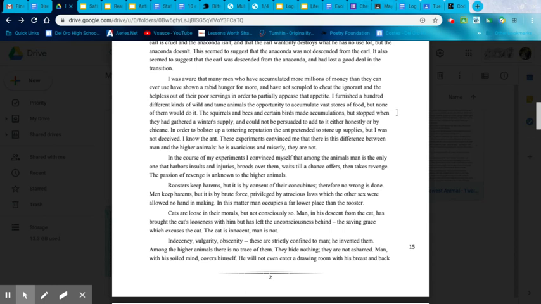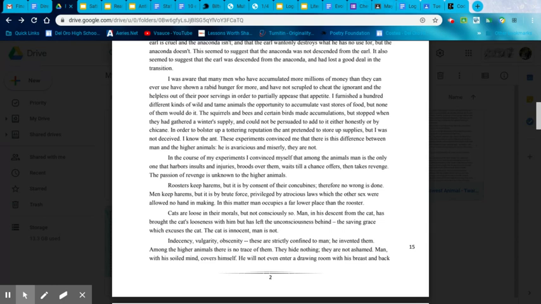The squirrels and bees and certain birds made accumulations, but stopped when they had gathered a winter supply and could not be persuaded to add to it either honestly or by chicane. In order to bolster up a tottering reputation, the ant pretended to store up supplies, but I was not deceived. I know the ant. These experiments convinced me that there is this difference between man and the higher animals. He is avaricious and miserly.